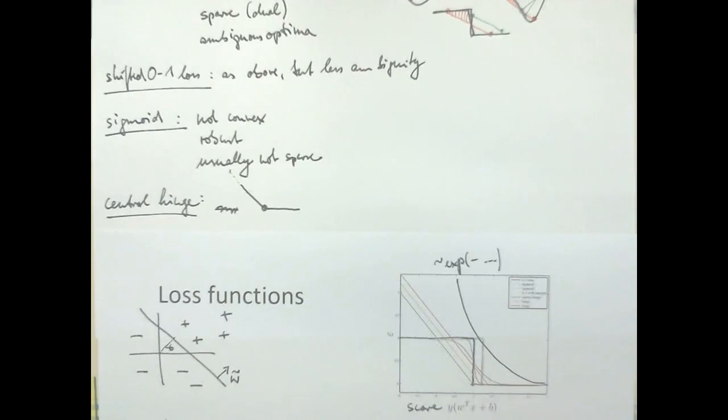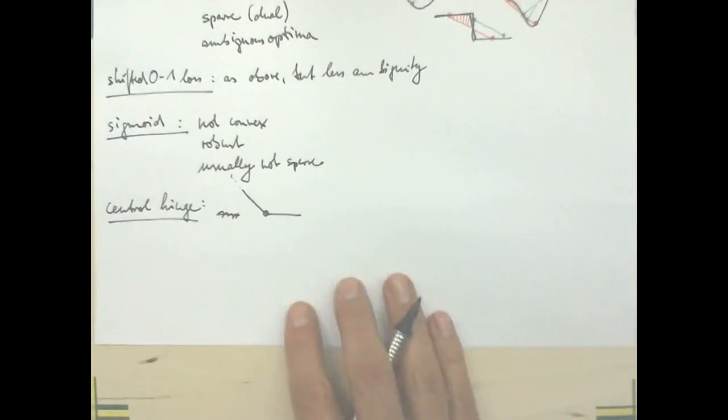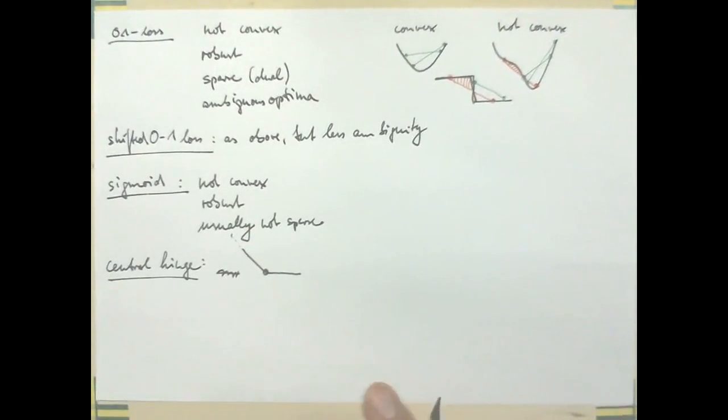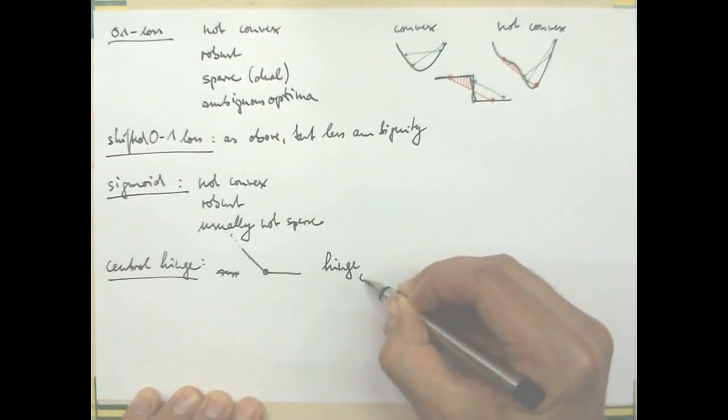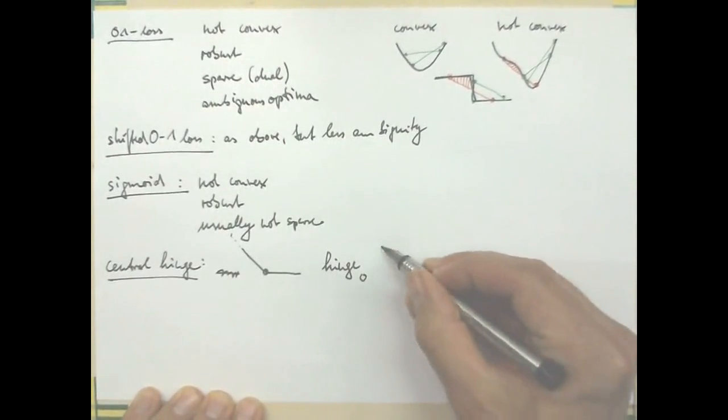So you get zero empirical error for correctly classified samples, and then an error that starts to grow linearly as you move away from the decision boundary on the wrong side. Okay, and this first case is called the central hinge function, and I'm writing that as hinge subscript 0 of the score.